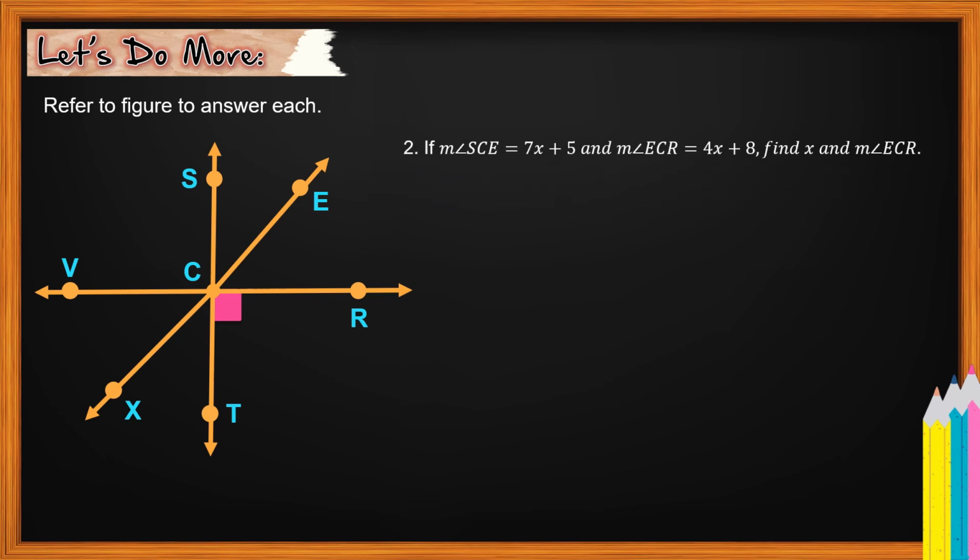For number 2, if the measure of angle SCE is equal to 7x plus 5 and the measure of angle ECR is equal to 4x plus 8, find x and the measure of angle ECR. For the solution, angle SCE and angle ECR are complementary angles.